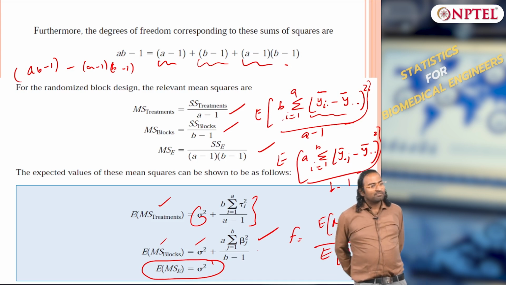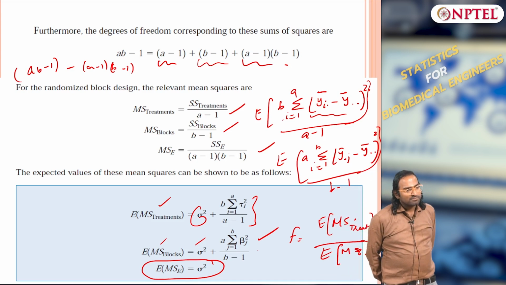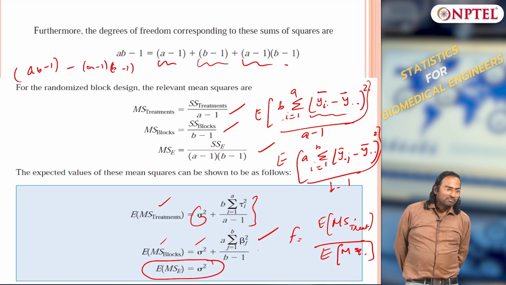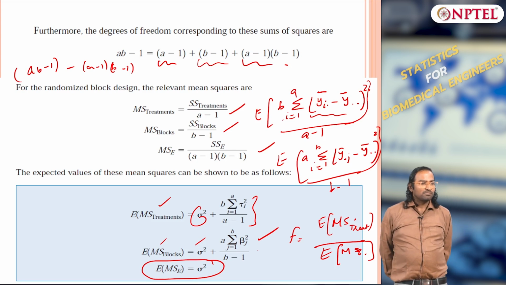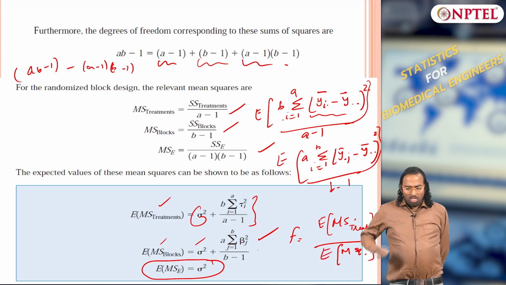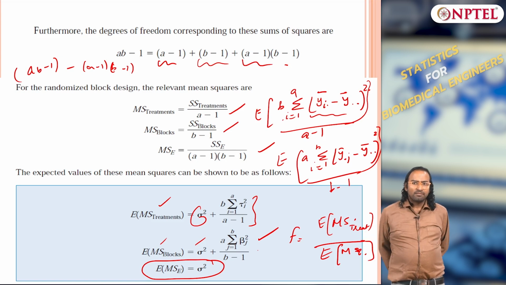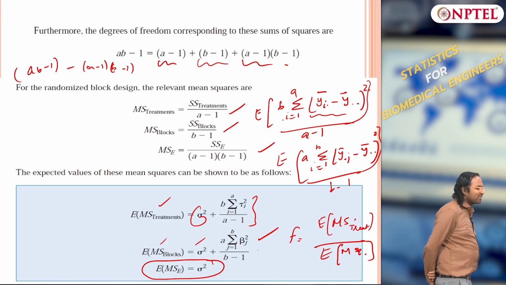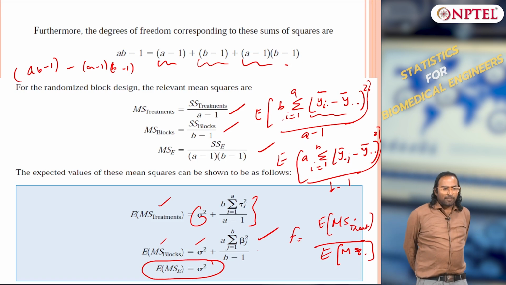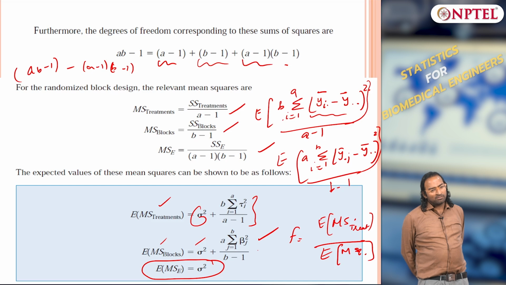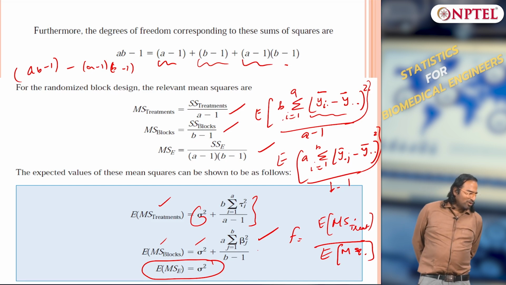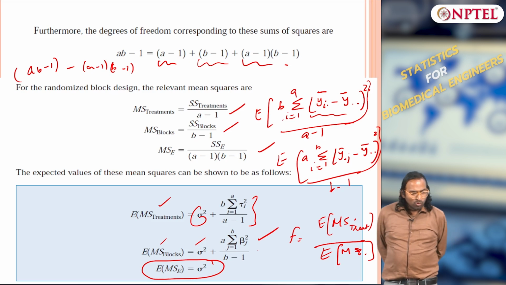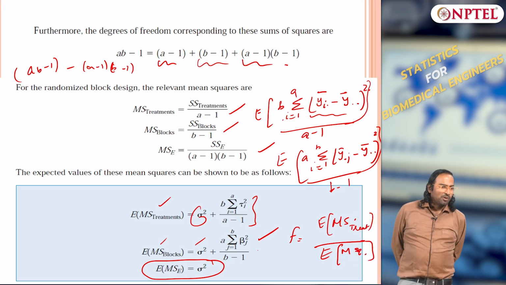Since in the overall course we are very much interested in seeing a distribution, is there any relation in the distribution of the F test for each of the blocks, or does it remain constant for some normal distribution? See, our assumption about this entire thing revolves around normality. Epsilon ij is normal with 0 mean and variance sigma square. You have assumed the truth to be mu plus tau i plus beta j plus epsilon ij.